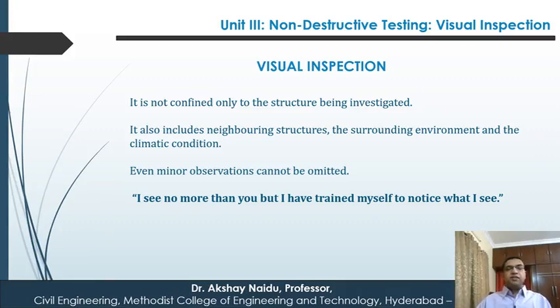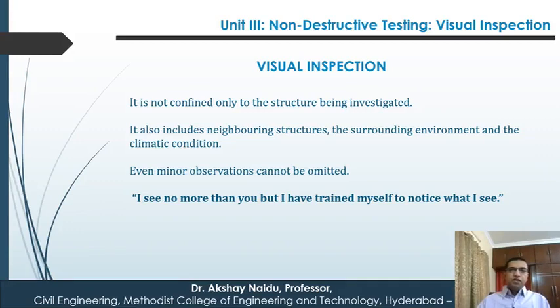Otherwise, if they are dissimilar, if the deterioration in other buildings is not the same as deterioration in the building under examination, then there is not much climatic influence and surrounding environmental effects.